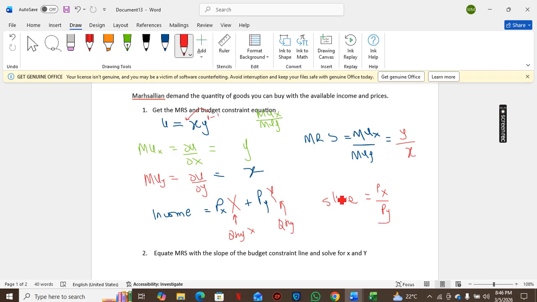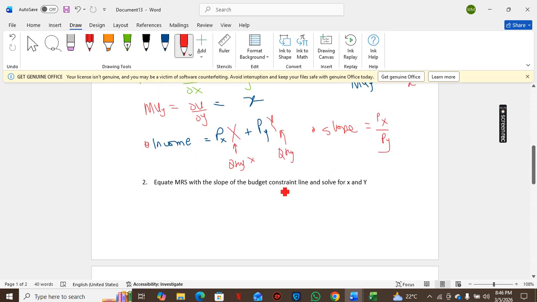Okay, colleagues, so the first step: get the marginal rate of substitution and the budget constraint equation, which are here, here, and here. Then step 2, as I said, equate the marginal rate of substitution with the budget constraint equation to solve for X and Y. So this is what I mean.